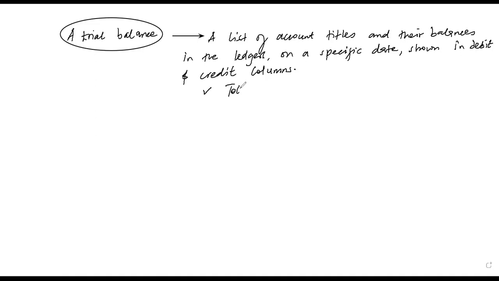That's according to the double entry bookkeeping system. Total debit balances should always equal the total credit balances.